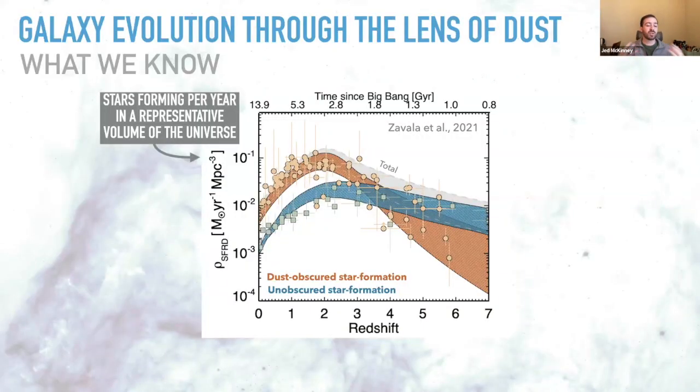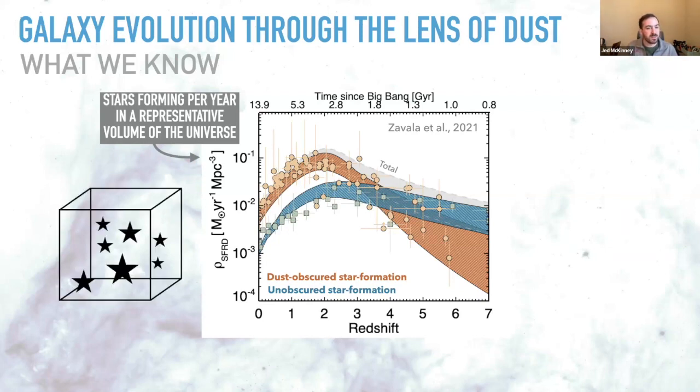This is the star formation rate density as a function of redshift on the x-axis, or equivalently, the time since the Big Bang. That's on the top x-axis. And what this y-axis really is, if you go into some representative volume of the universe and you look at all the galaxies and you count how many new stars they're forming each year, that's this rate.